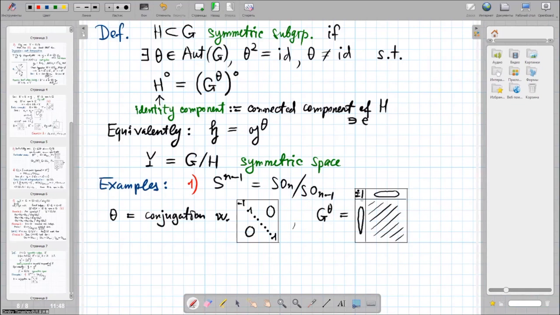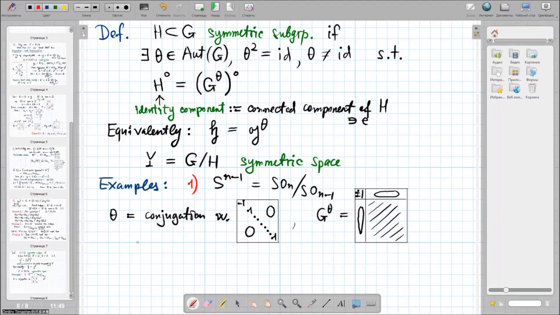There are two connected components, and the identity component, when you have a +1 here, is exactly the subgroup SO(n-1), because this n-1 by n-1 matrix here is in SO(n-1). So the sphere is an example of a symmetric space.